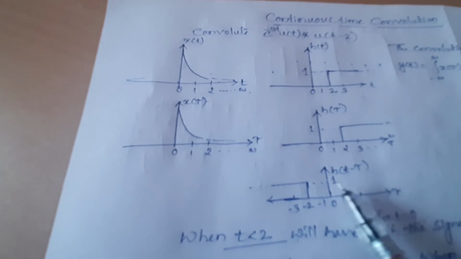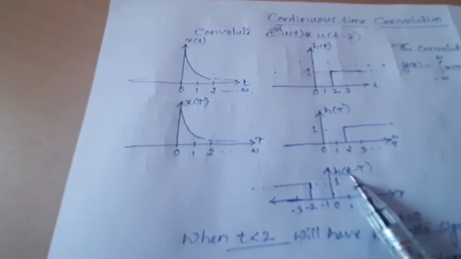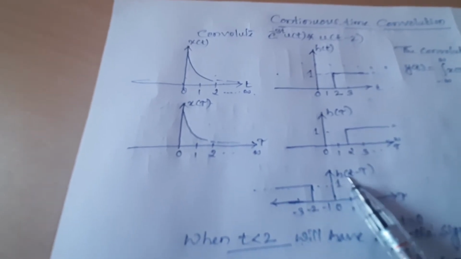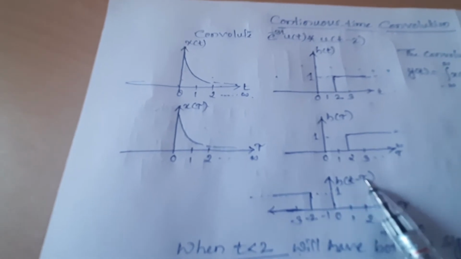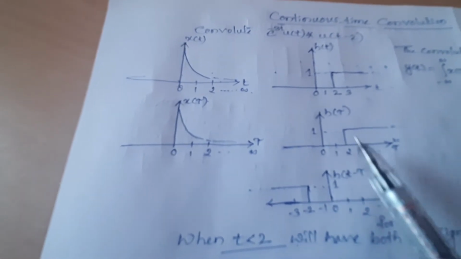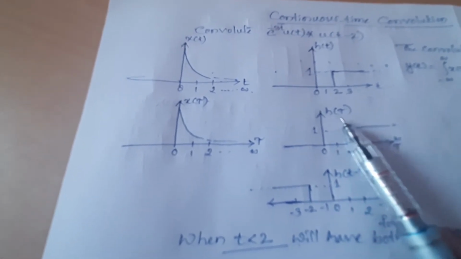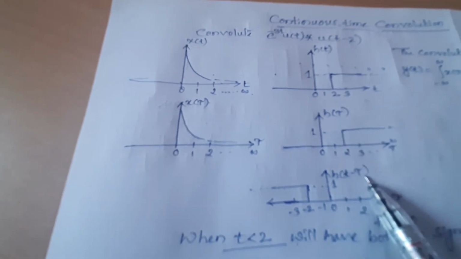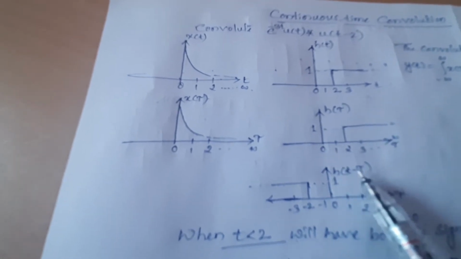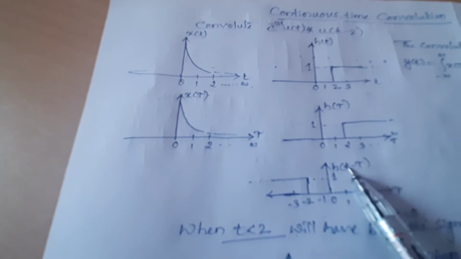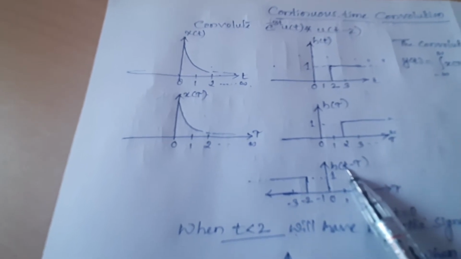Now let's take the different values. Now the thing is how this is represented as h of t minus tau. Usually from the h of tau signal we draw h of minus tau only, but we write it as h of t minus tau by considering the value of t as 0.